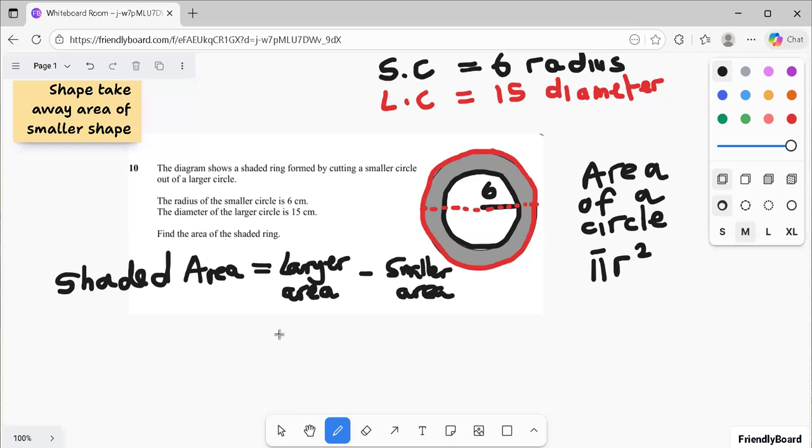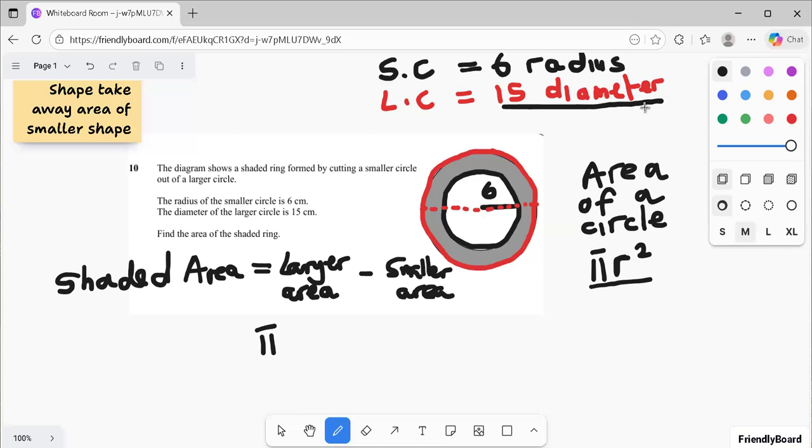So area of the larger circle, remember I said this is the formula, pi r squared. So I'm just going to say pi. What does r stand for? r stands for radius. But if you come here, they said the larger circle has a diameter of 15. That's why I had to write it down so that I don't mix up. A lot of students always get it confused.